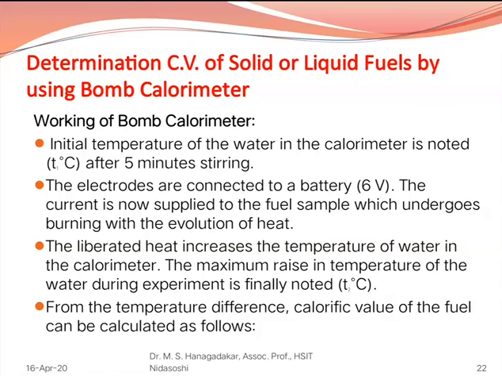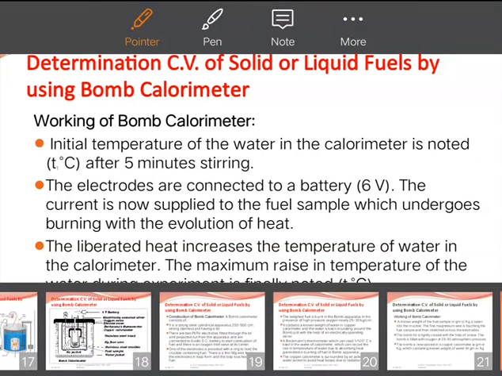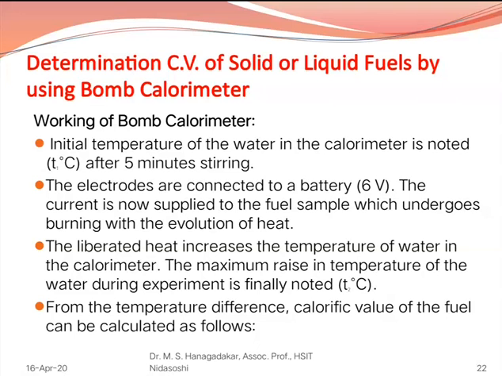The liberated heat increases the temperature of the water in the copper calorimeter, and of the copper calorimeter also. The maximum rise in temperature of the water during the experiment is finally noted as T2 degrees Celsius. From the temperature difference, the calorific value of the fuel sample can be calculated as follows.